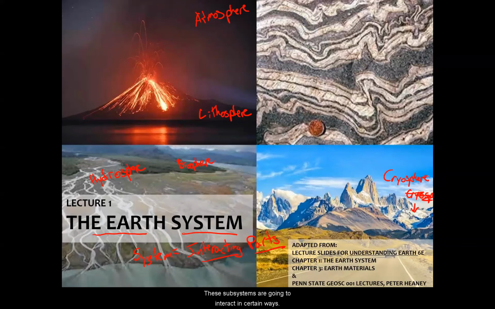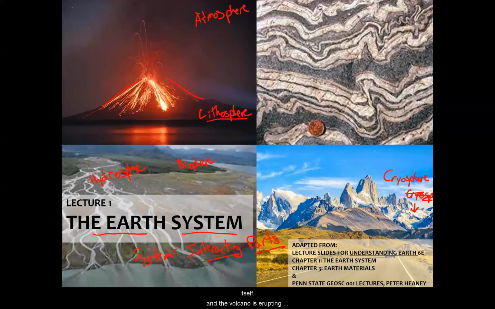And these subsystems are going to interact in certain ways. We're going to learn a lot about those different interactions. And the fact that they're interacting means that one of them is affecting the other. And if you've got any changes happening, those are the interactions that make this really a system of parts that have effects on one another. For example, we've got this volcano here, which is a piece of that lithosphere, the solid Earth itself.